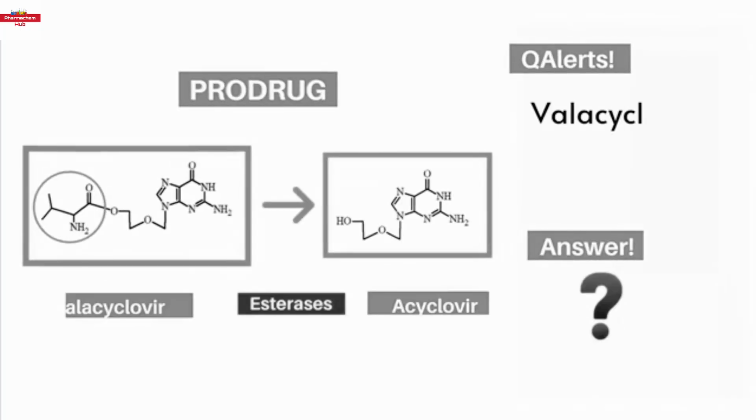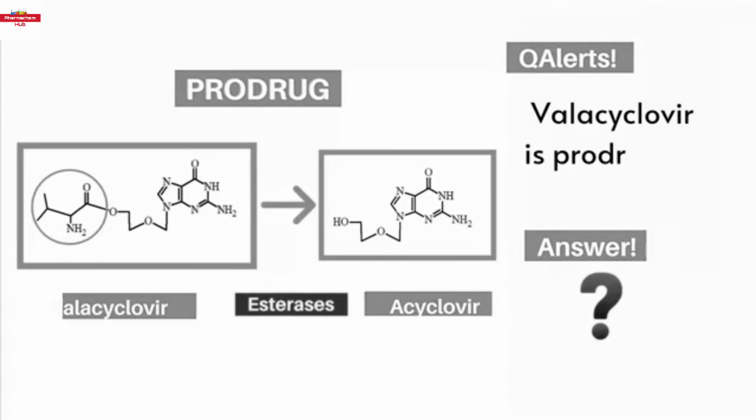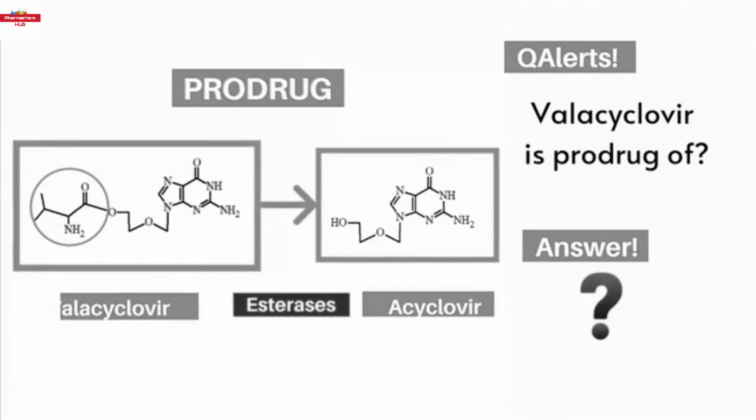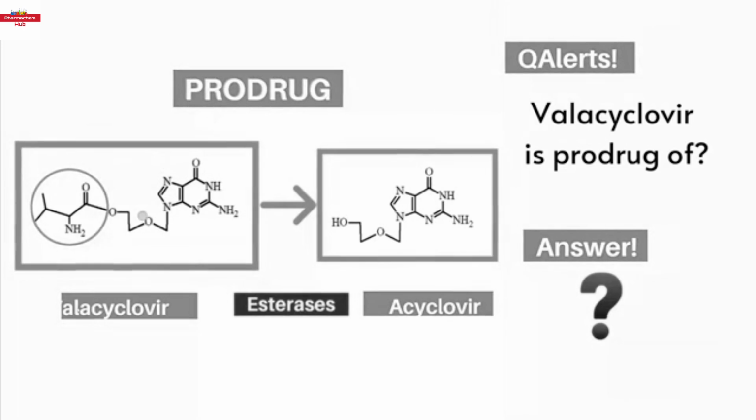For example, a well-known antiviral drug is valacyclovir. This is the structure of valacyclovir, and it has a group called valine, an amino acid.